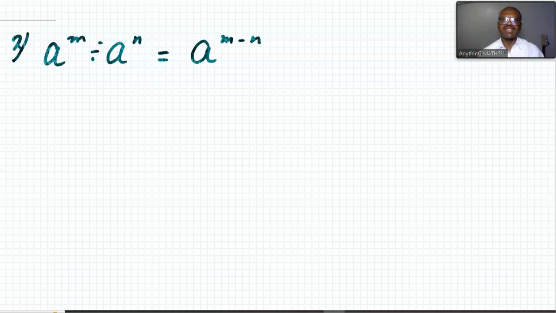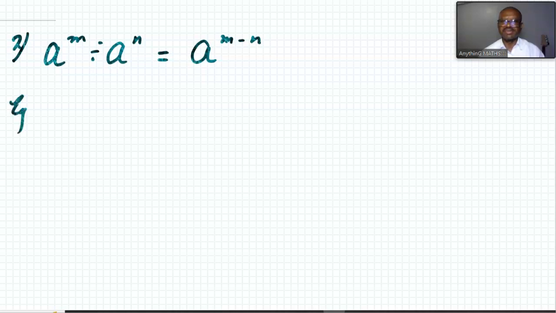When we compare this law with the previous one, we can see that the difference lies in the mathematical operation, isn't it? This time we have division. And if that happens, instead of adding the powers, we're supposed to subtract. We're going to consider a few examples that can help us understand it much better.